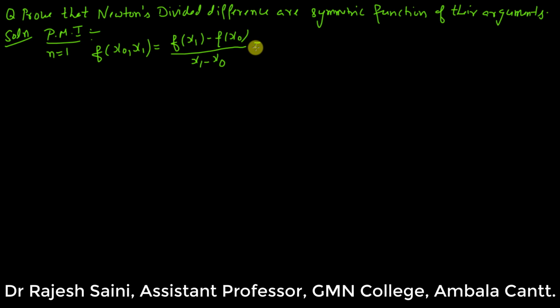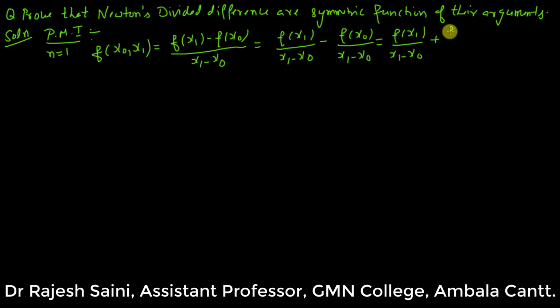So can I write it as f of x1 divided by x1 minus x0 minus f of x0 divided by x1 minus x0. Can it further be written as f of x1 divided by x1 minus x0 plus f of x0 divided by x0 minus x1?